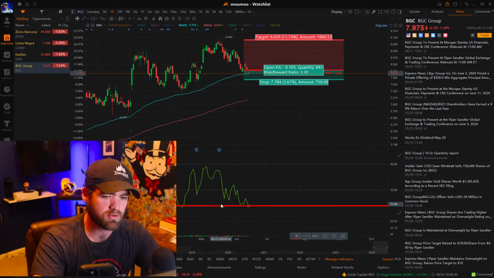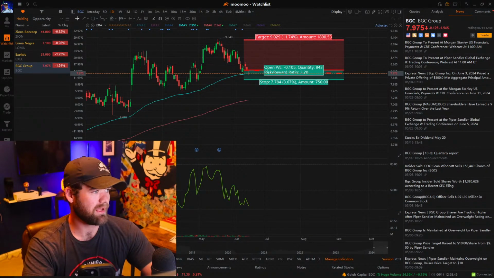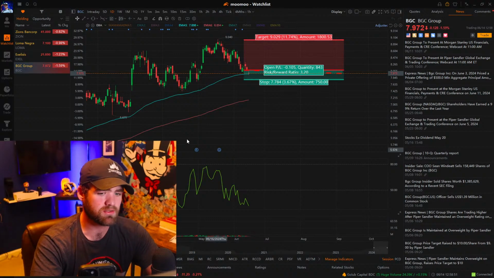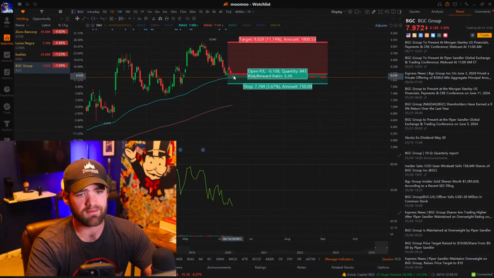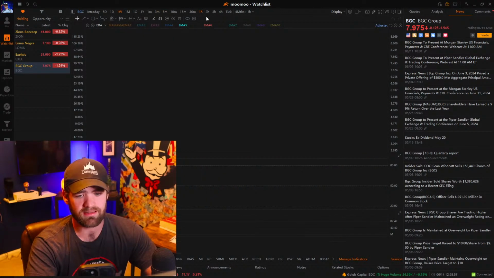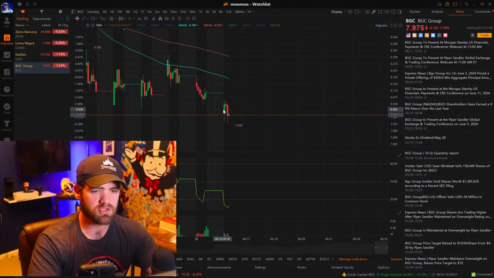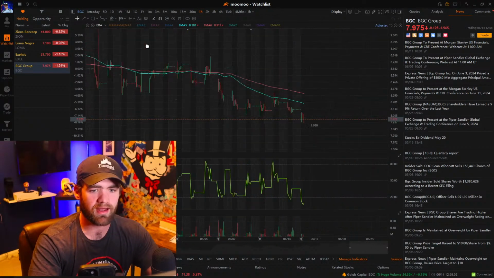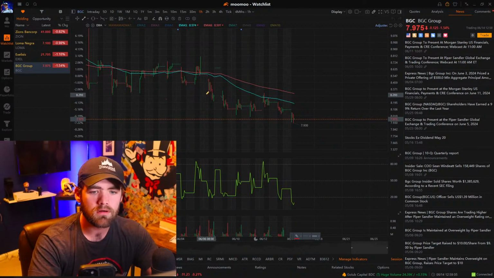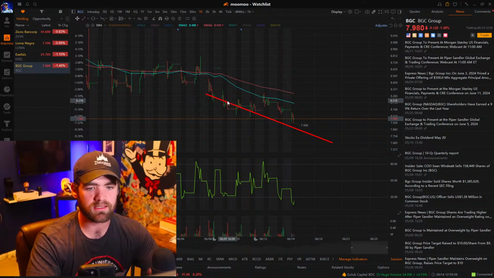But yeah, I do see what you're saying about the RSI. And I do think that is something to note, and I honestly do think too, if we look at the hourly chart here with the stock, it really doesn't look super good, just because we do have, whoa, wait, that was a terrible trend line.